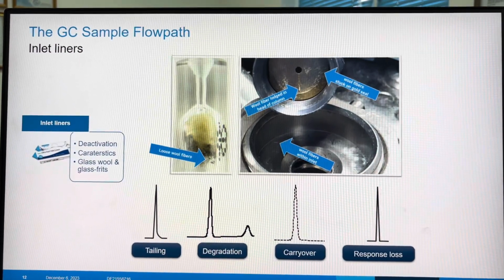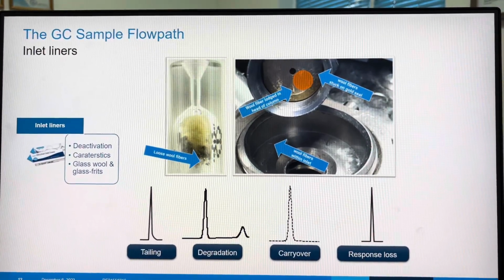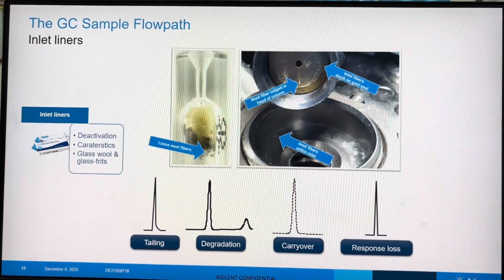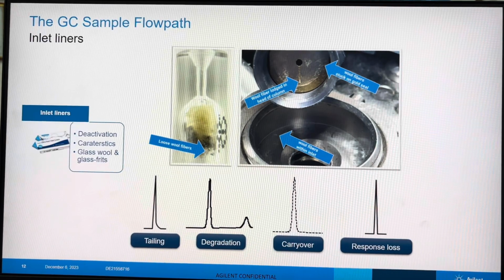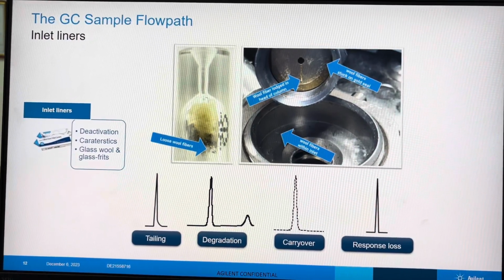You might have seen in your GCMS, when the service engineer is doing preventive maintenance, the source getting contaminated due to matrix. So that is where we need to choose the liner carefully.